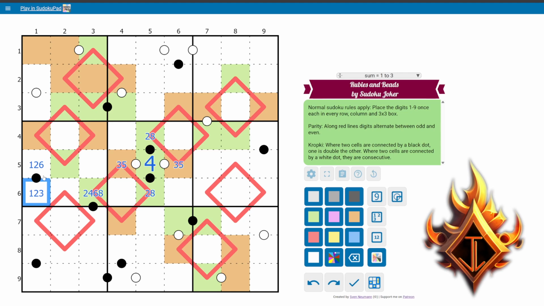Can these both be even? Yeah, I suppose these could. So we will have an even here. We will have an even here. If both of these are even, those will be odd.